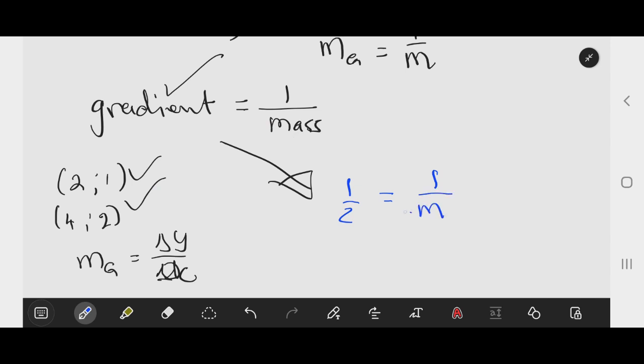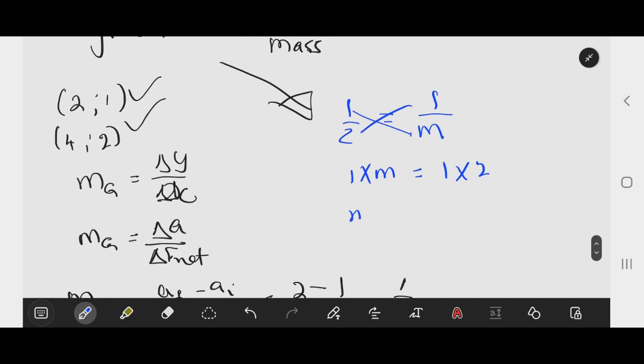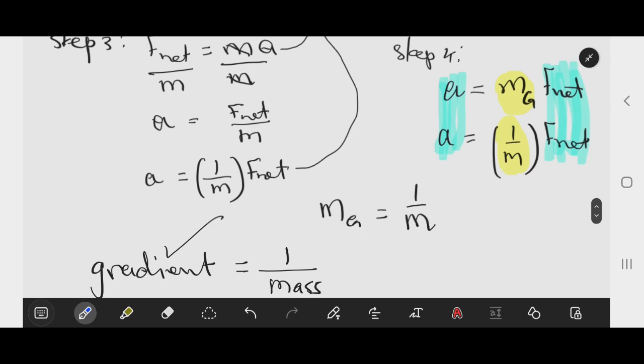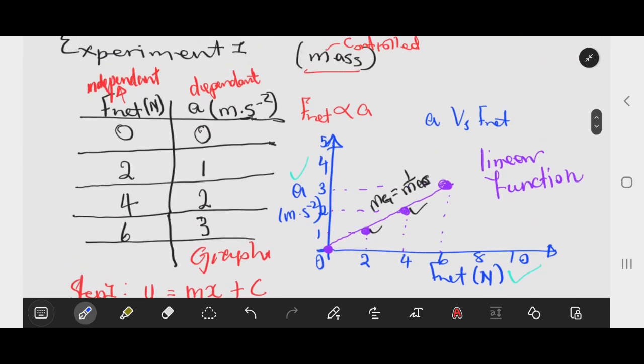And then now we can cross multiply for us to solve for the mass. So that would be 1 times m and 1 times 2, right? And the mass is equal to 2 kg. So it means the mass of the object that we were using for this experiment is 2 kg.